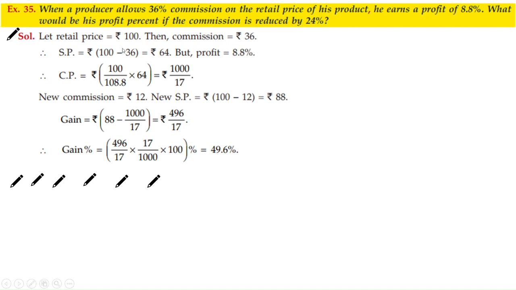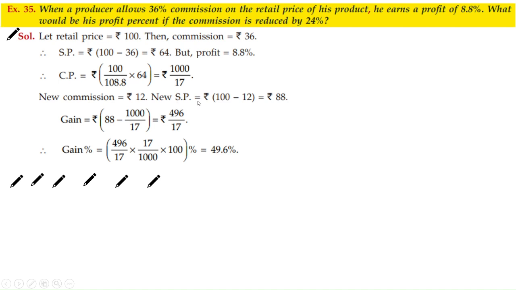Let retail price equal rupees 100, then commission equals rupees 36. Selling price equals 100 minus 36, equals 64, but profit equals 8.8%. Cost price equals 100 by 108.8 into 64, which equals 1000 by 17. New commission equals rupees 12.